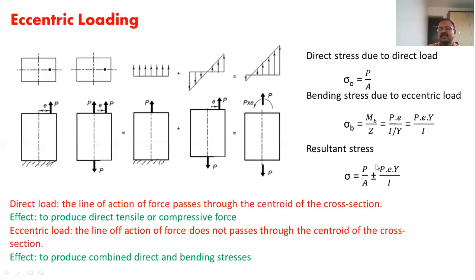Why are we calling it summation? Because this direct stress can be tensile or compressive in nature, and bending stress can also be tensile or compressive in nature. Therefore the resultant stress is equal to P upon A plus or minus P into E into Y upon I, or vice versa. That means sigma B plus or minus sigma O, or sigma O plus or minus sigma B.